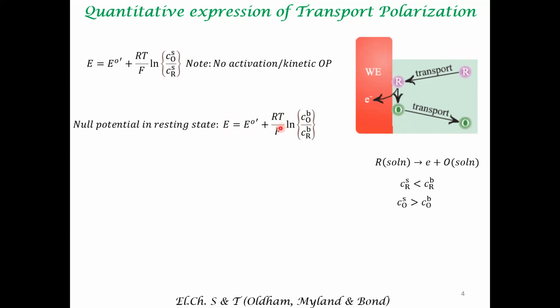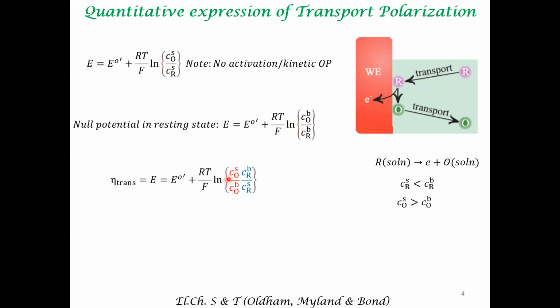In principle, if this transport had been fast, the potential of relevance would be this number calculated with these values. Because of the slowness of transport, I am not able to get to this number, but I am able to get to this number, which is determined by these values. If I subtract these two quantities, I would get the transport over potential or transport polarization.